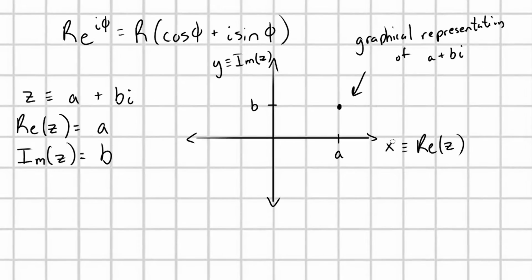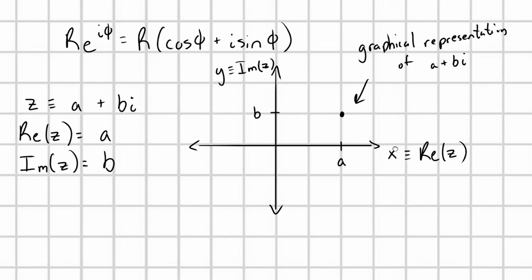Let's think about another way that we can represent this complex number. I can define a radius out from my origin. This radius is going to have some radius r. I can also define an angle phi that this radius is going to form with the xy axes, or specifically with the x-axis.